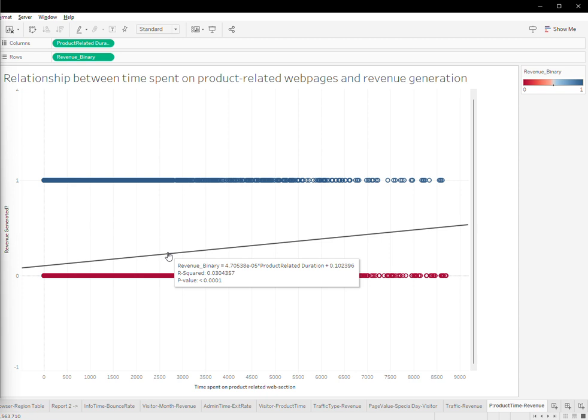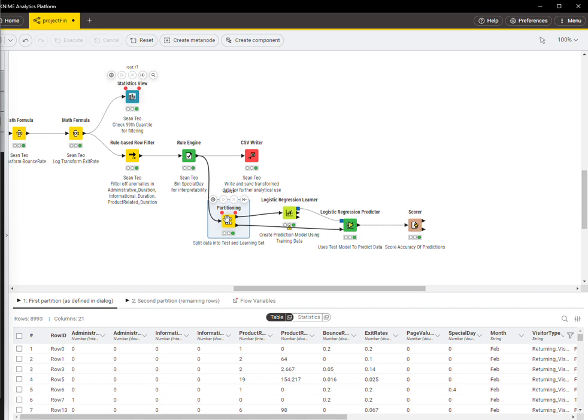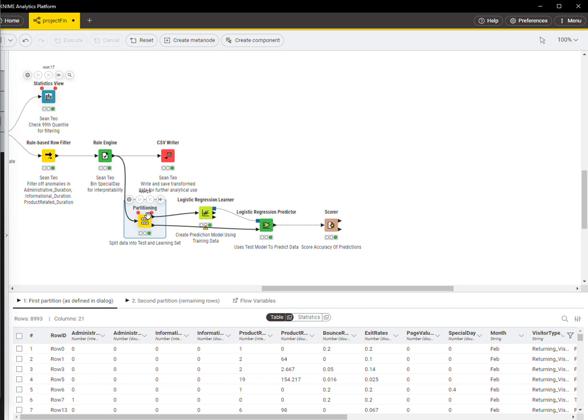So moving on to my data modeling, I want to build and evaluate a predictive model that can make accurate predictions based on the data set to figure out which variable and what conditions are most likely to drive a successful transaction. The transformed and clean data is fed into the partitioning node to be split into a 75-25 split of training and test data, where I chose a 75-25 split since my data set was moderately big with about 10k rows of data.